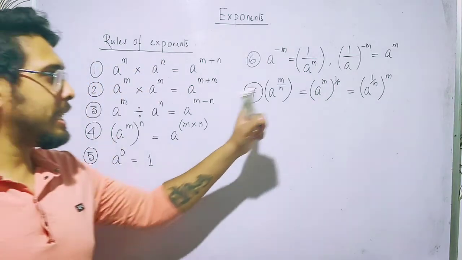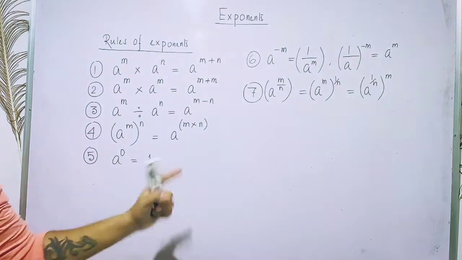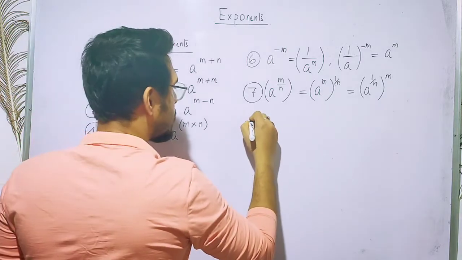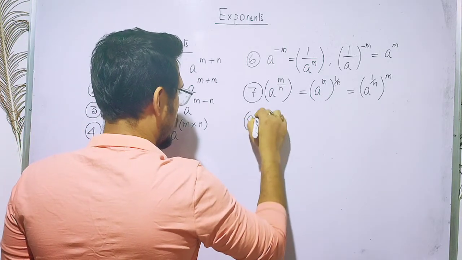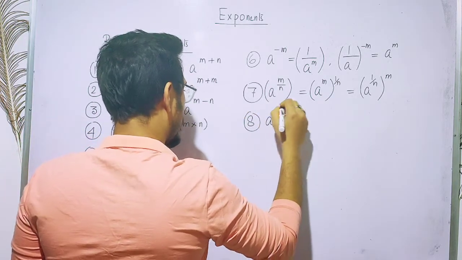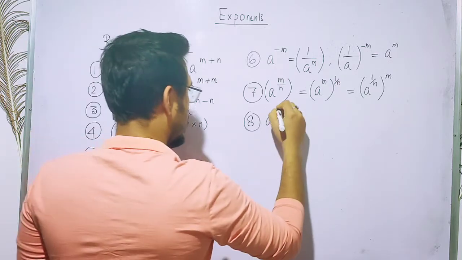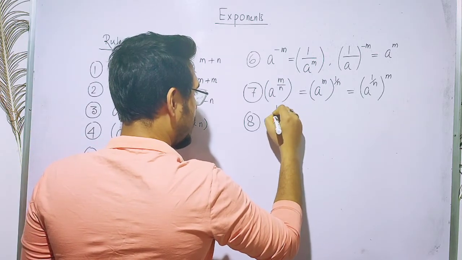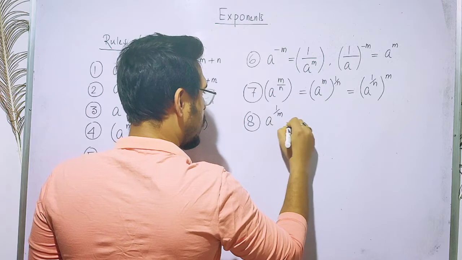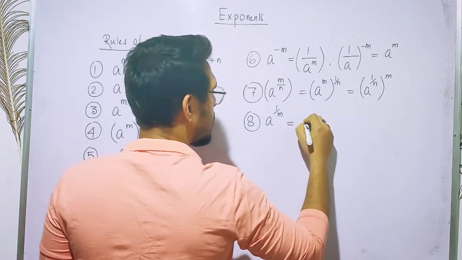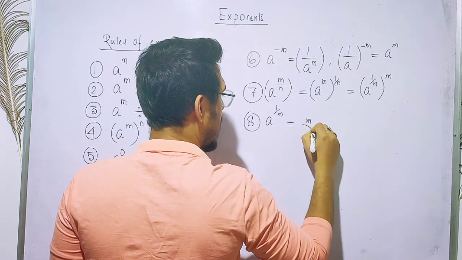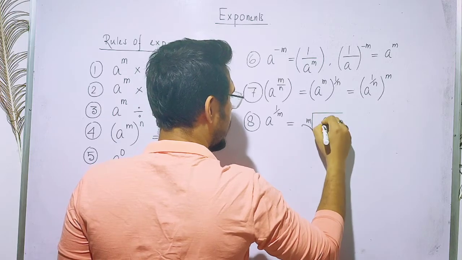You can write either way, okay? Which brings me to the next point. What happens when the exponent is a fraction? If I say a to the power of 1 by m, how would you write it? This is nothing but the mth root of a.